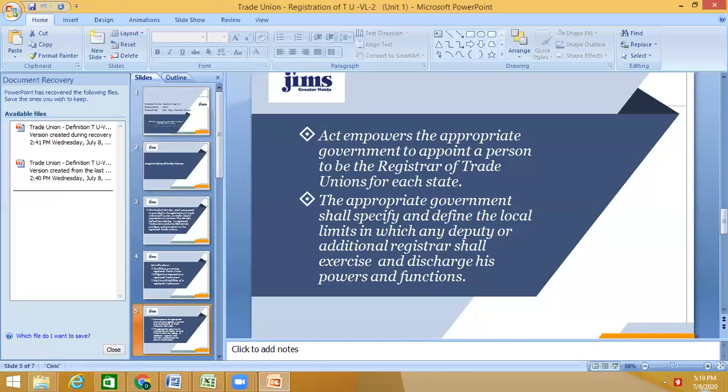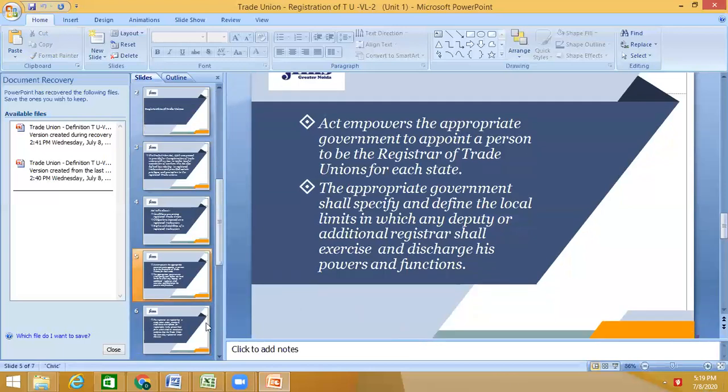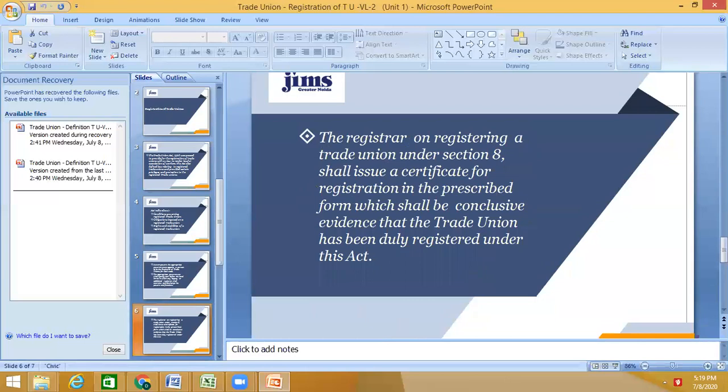Now we talk about the other point related to registration. While you are going for the registration of a trade union, in what way would you go for the registration and how would you make an application for the registration of a trade union?